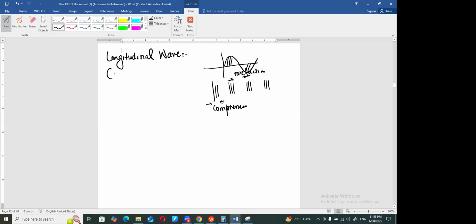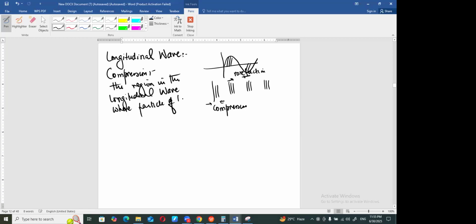So here, what is compression? The region in the longitudinal wave where particles of the medium are close to each other is called compression.